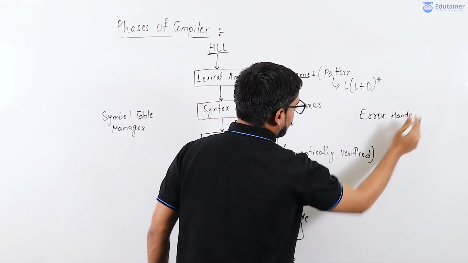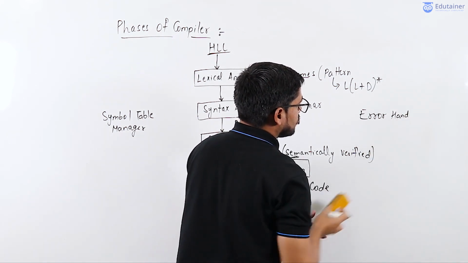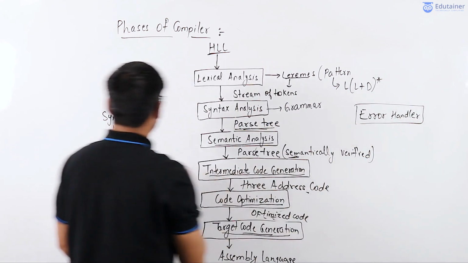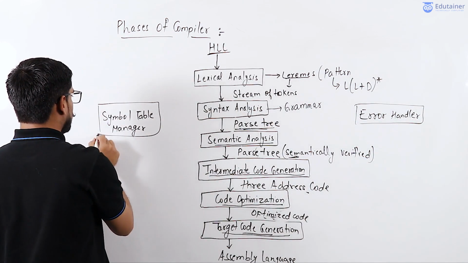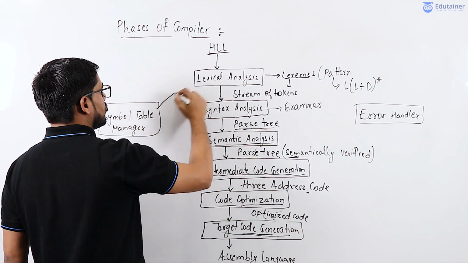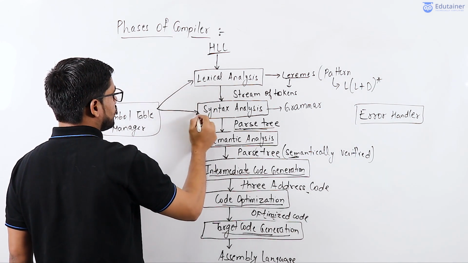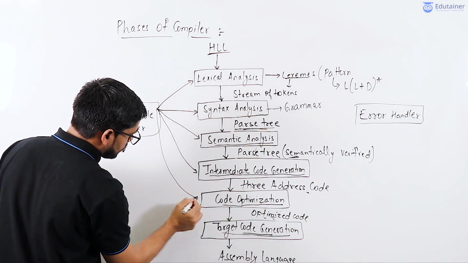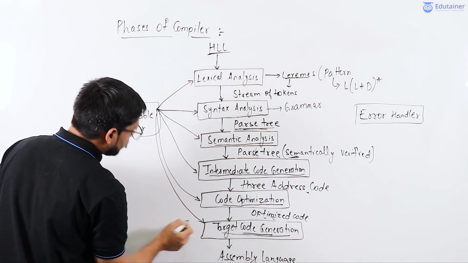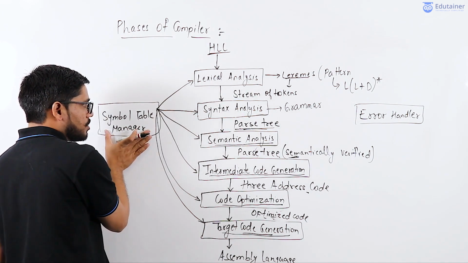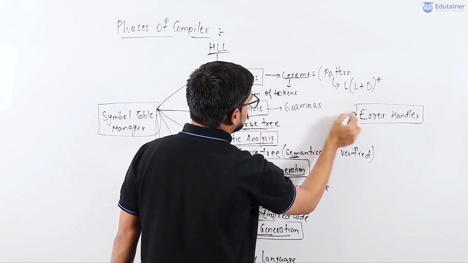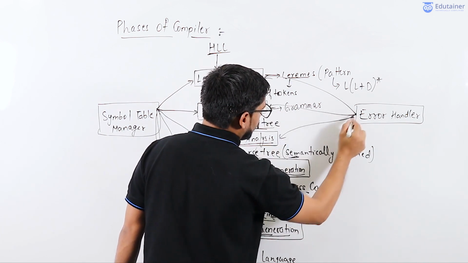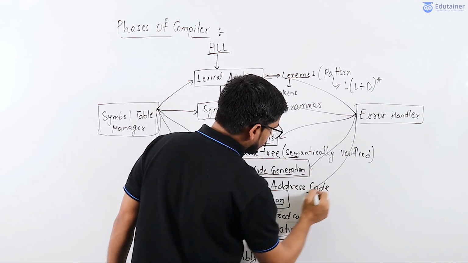Okay, so error handler and symbol table manager is our 7th phase of compiler, and this 7th phase simultaneously provides help to these 6 phases. So all these 6 phases have to be connected to symbol table manager, and all these 6 phases have to be connected to error handler, and we call it the 7th phase together.